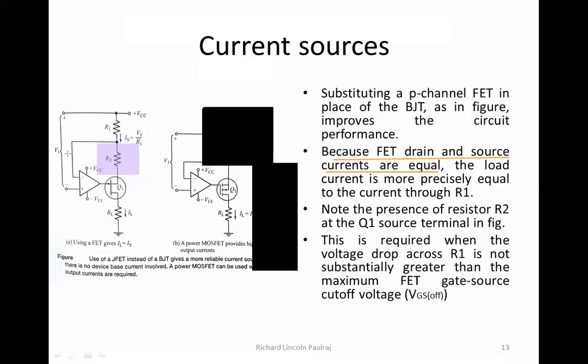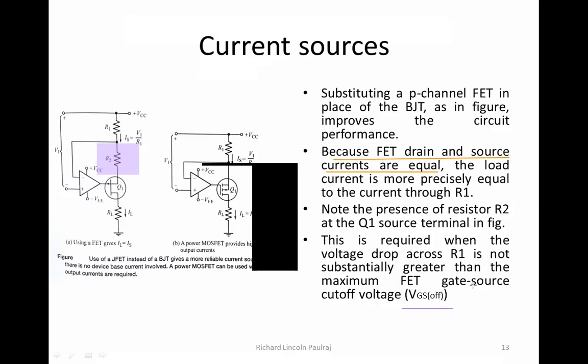So why is this included in combination with the FET? It is required when the voltage drop across R1 is not substantially greater than the maximum FET gate to source cutoff voltage. As I mentioned, previously I had drawn the diagram of the transistor, so you can understand that we are looking at VGS off. So what is this?